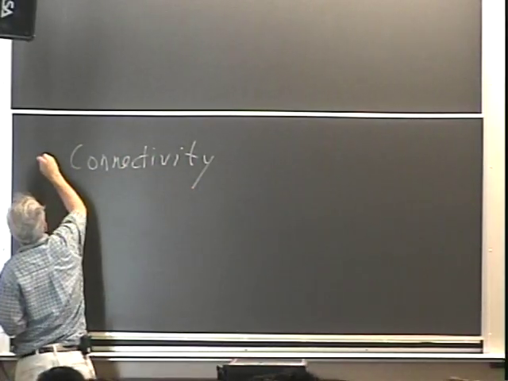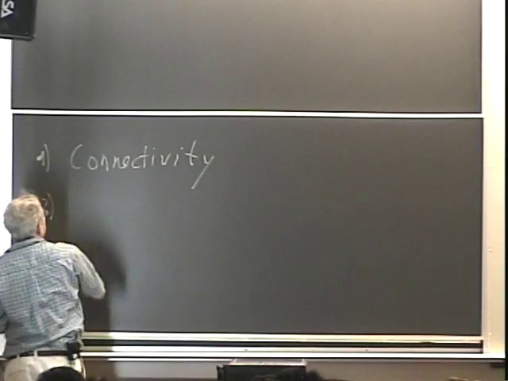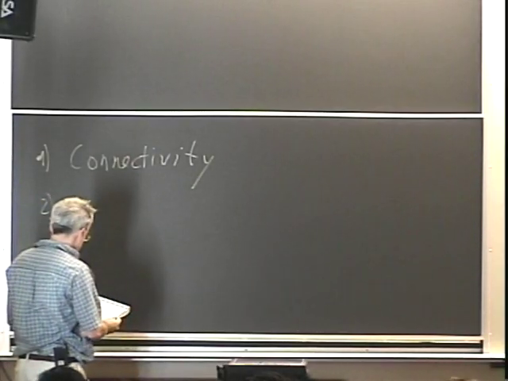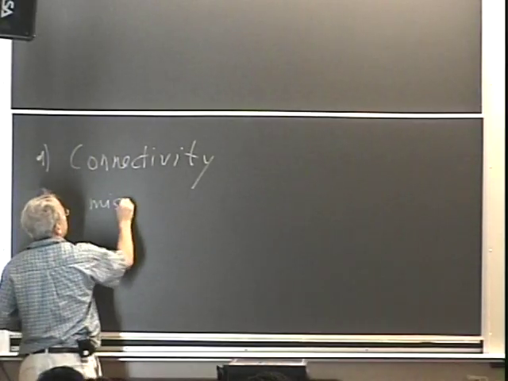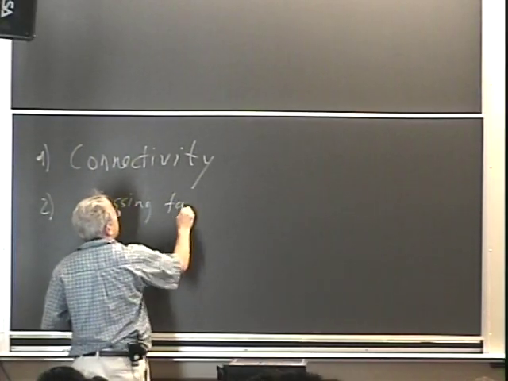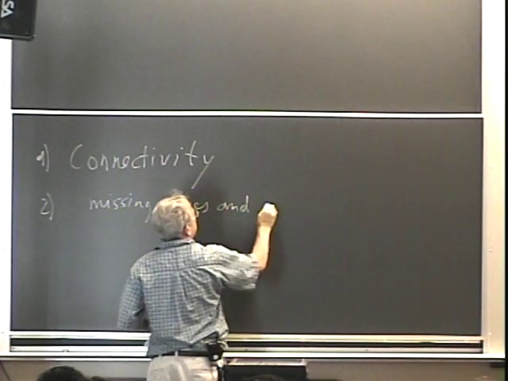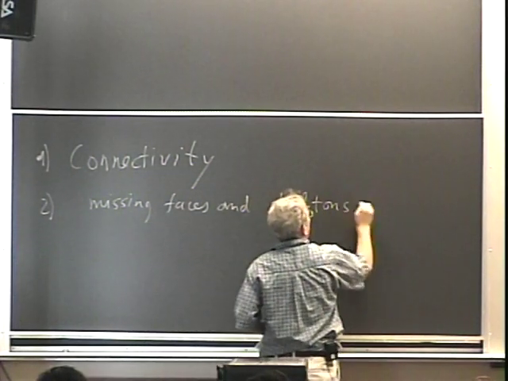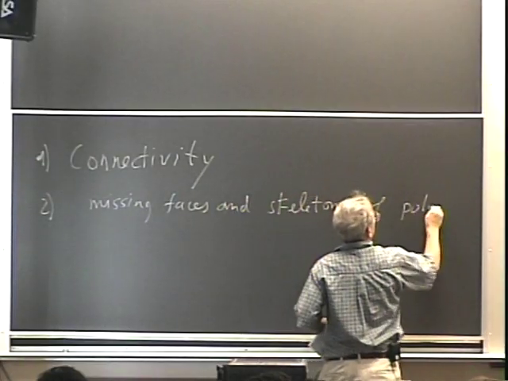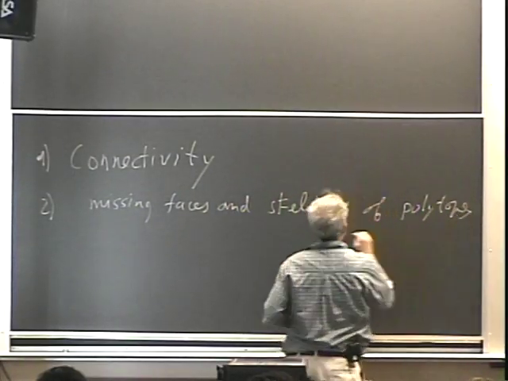This will be the first topic. The second topic will be missing faces and skeletons of polytopes with few vertices.